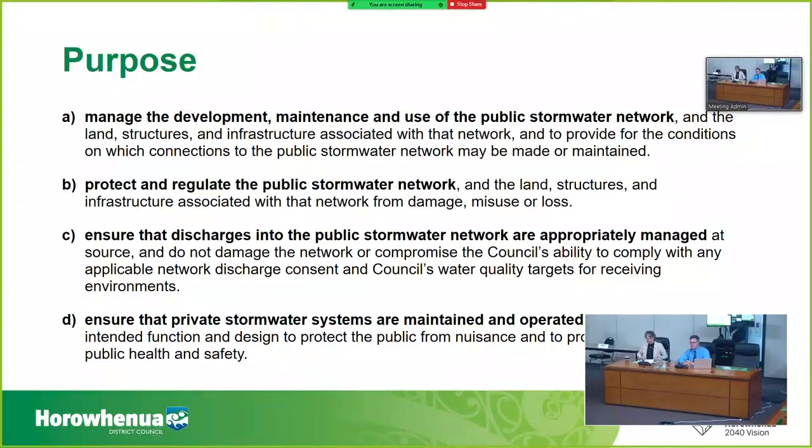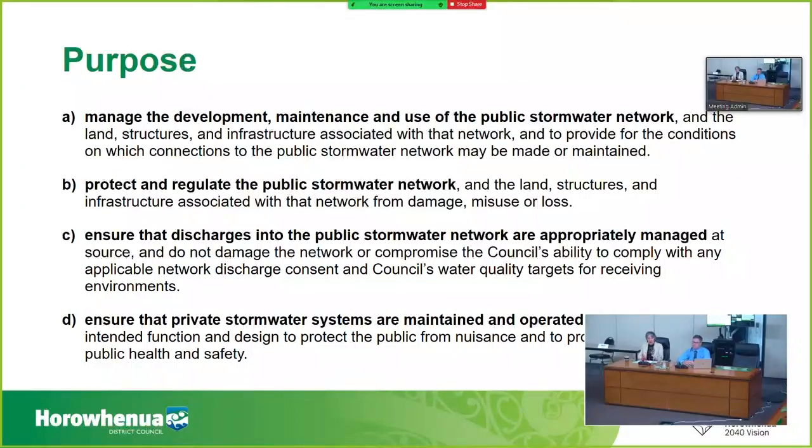So the purpose, as you can see, I'm not going to be reading full sentences. Manage and develop, maintenance and use of the public stormwater network. Protect and regulate the public stormwater network. That entails pretty much all the open drainage structures and pipe network. Ensure that discharges into the public stormwater network are appropriately managed.